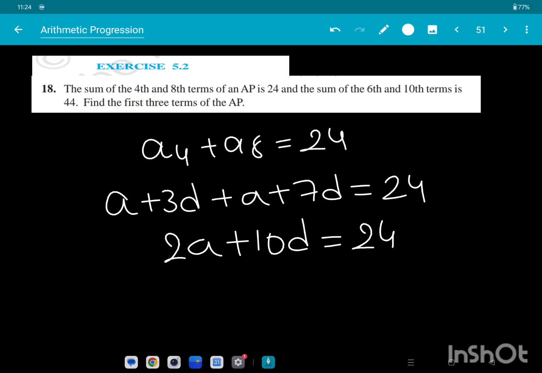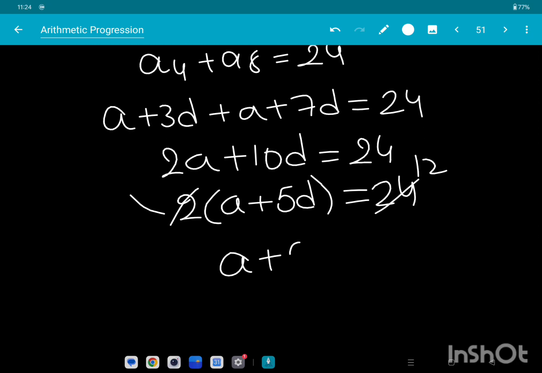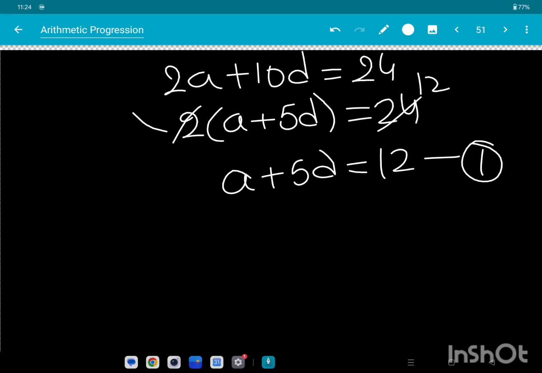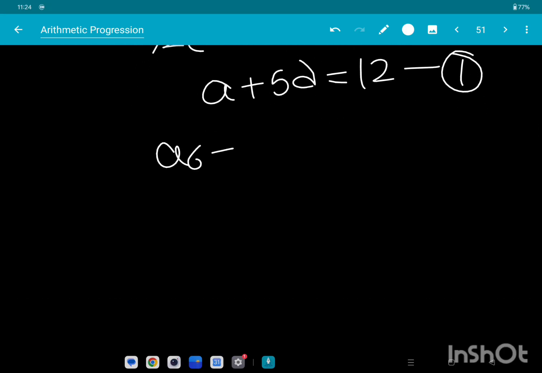If I take 2 as common, then I get A plus 5D is equal to 24 divided by 2, which is 12. Let's say it is equation 1. And one more thing is given: the sum of the 6th and 10th term is 44. A6 plus A10 is equal to 44.